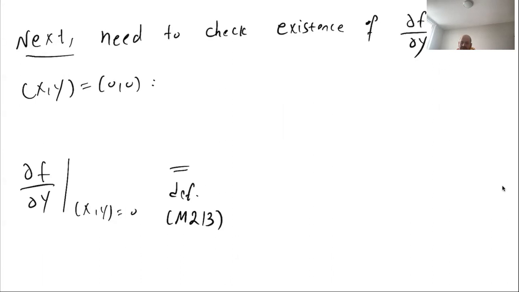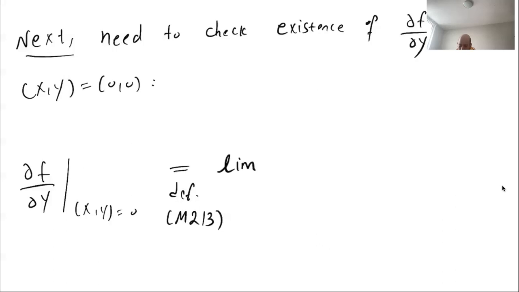In case you haven't taken math 213 before, we know that the partial derivative with respect to y at a point can be written using the limit definition. You saw the limit definition of derivatives in math 113. This is similar to that. The only thing that you have to be careful about is that when we talk about the partial derivative with respect to y, that means we are taking x as a constant. So we are fixing the x value.